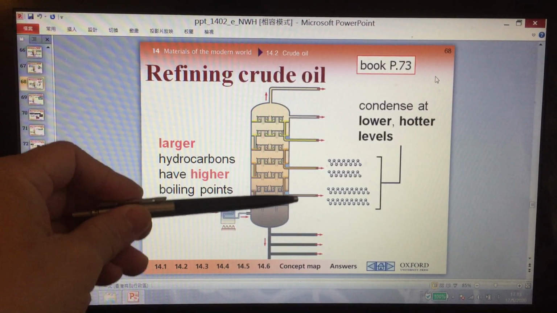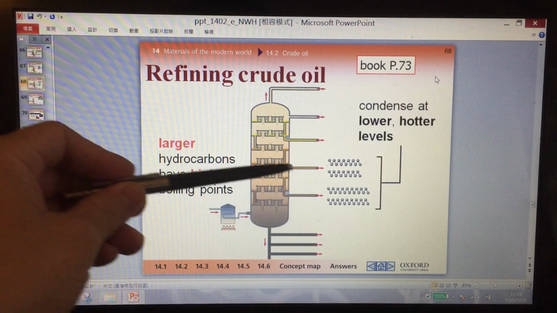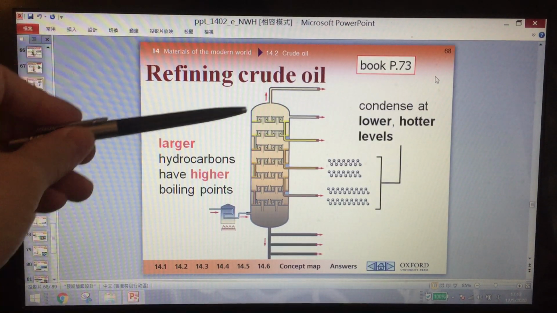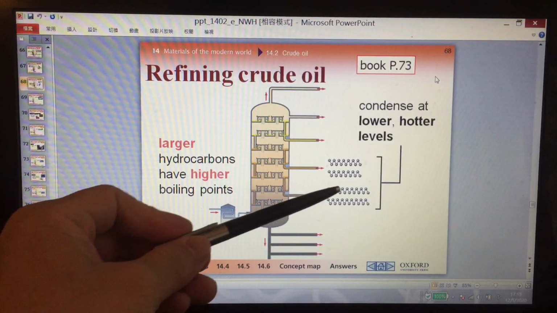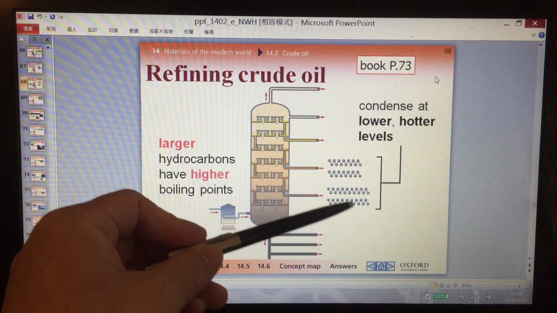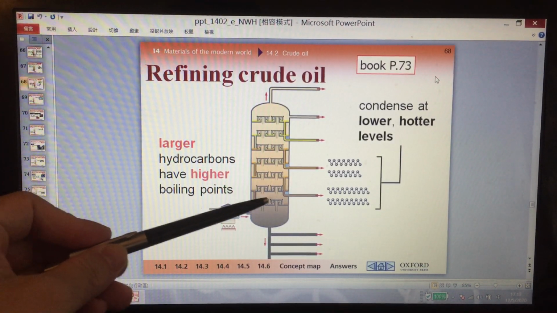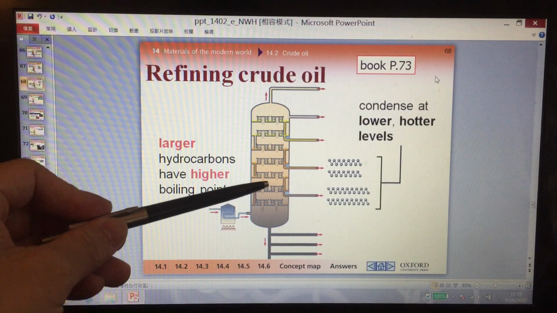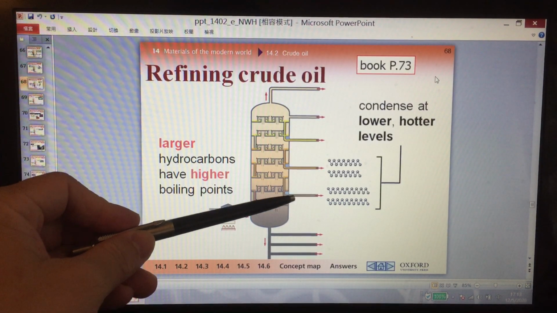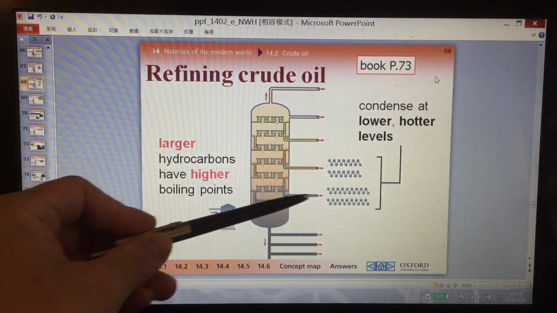Okay, so remember, lower part is higher temperature, upper part is lower temperature. And for the very large size molecule, at very high temperature, okay, it is cool enough, they will condense, become liquid, and then leave the tower.